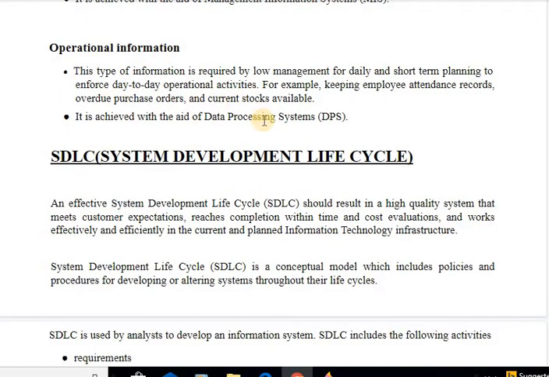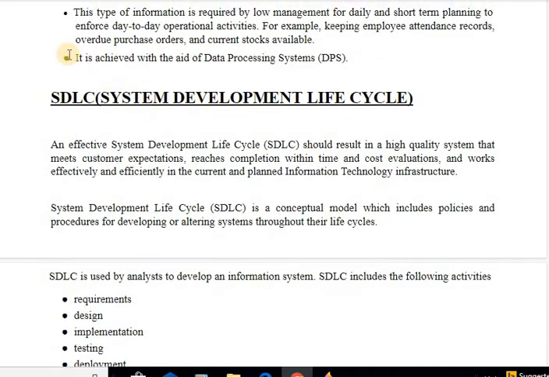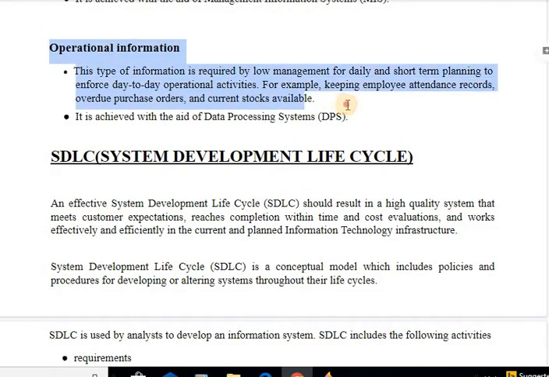And operational information is achieved by the data processing system. These are the actual places where an employee, or you can say the programmer, is writing their code, or a UI developer is creating a user interface.